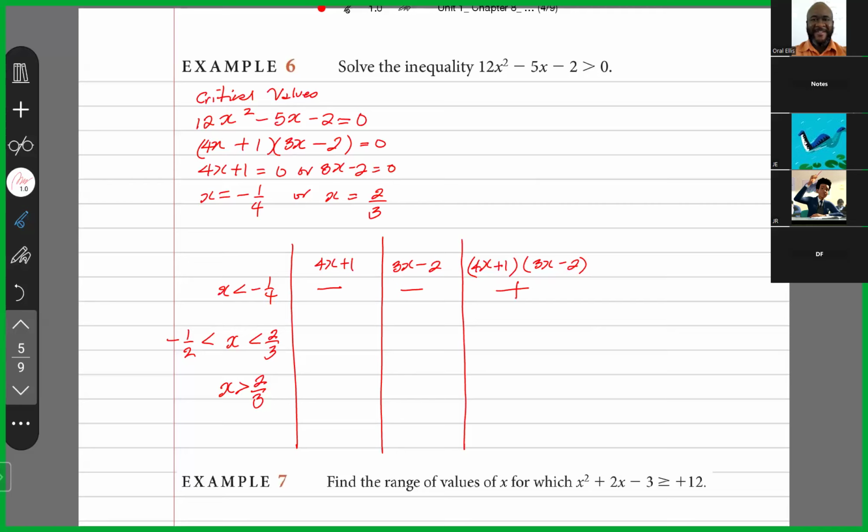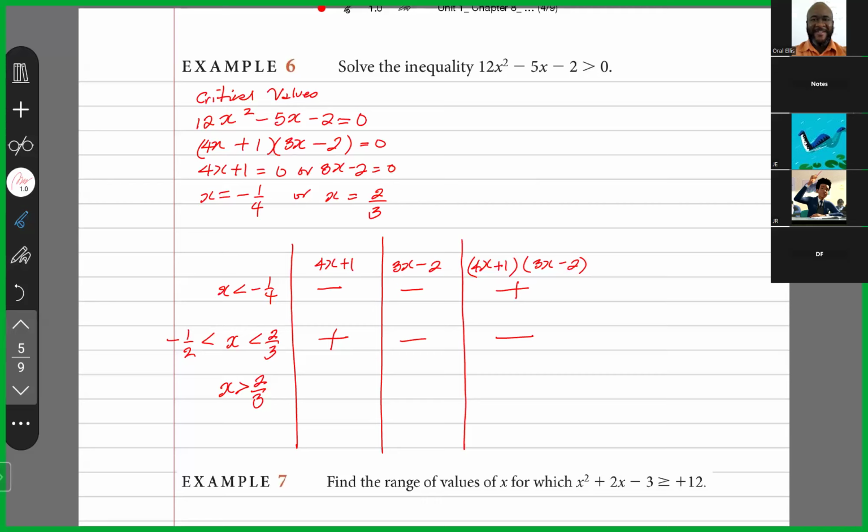If x is less than 2/3 but greater than minus a quarter, somewhere between 2/3 and minus a quarter is 0. So for example, if x is 0, 4x plus 1 would be positive. 3x minus 2 would be negative. A positive times a negative would make this negative.